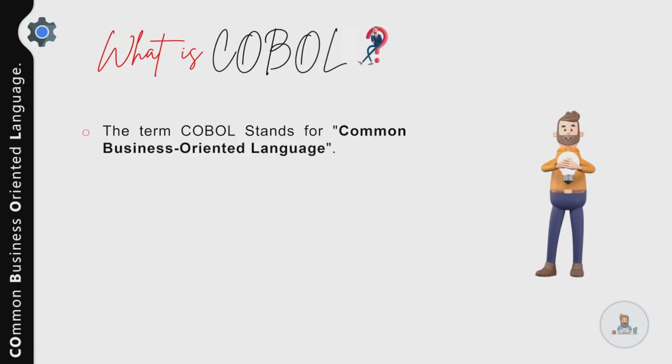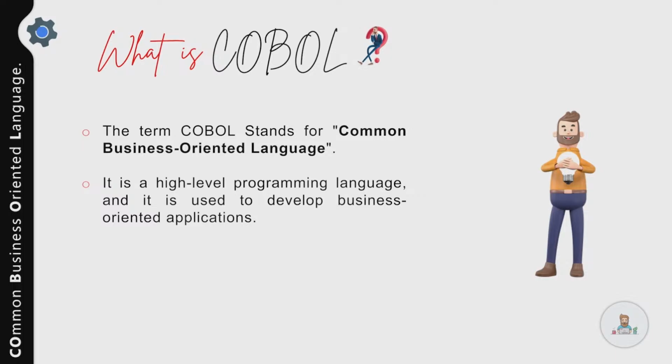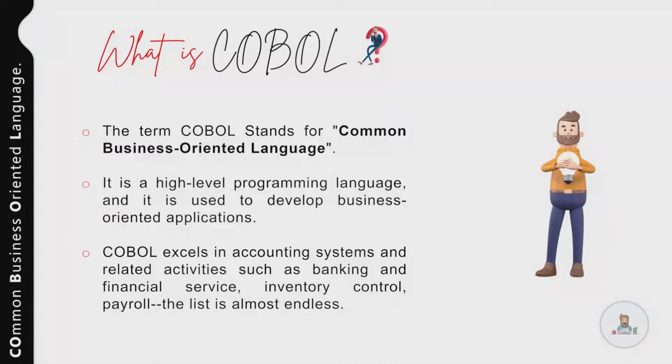The term COBOL stands for Common Business Oriented Language. It is a high-level programming language and it is mainly used to develop business-oriented applications. COBOL was designed specially for business applications, although you can use it for various programs and programming problems, but it is commonly used for business processes such as banking and financial services, retail sales tracking, payroll, and many other applications.